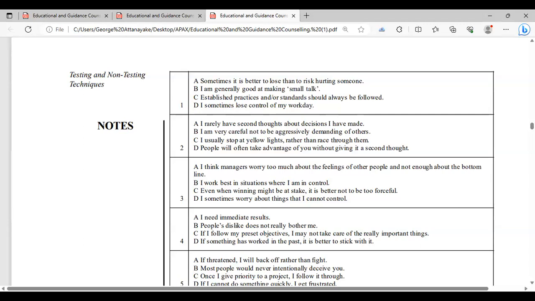I'm generally good at making small talk. Established practices and standards should always be followed. I sometimes lose control of my work day. Out of these four, tell me yours. Imagine about yourself and which one you would select. Go through the first four and select yours.